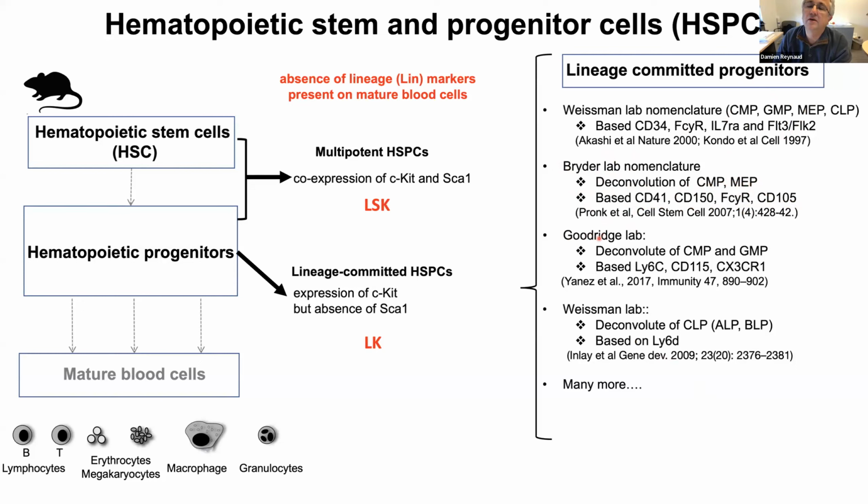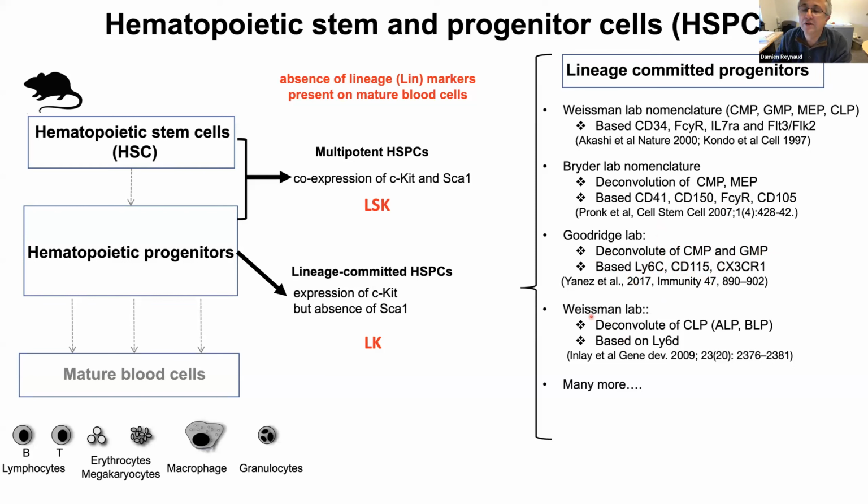More recently, the Goodell lab has deconvoluted the CMP and GMP, this time on the path toward the granulocyte-macrophage pathway. This is based on Ly6C, CD115, and CX3CR1. This is also a relatively new and interesting way to deconvolute this pathway.